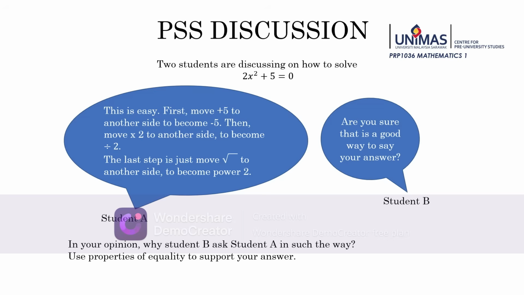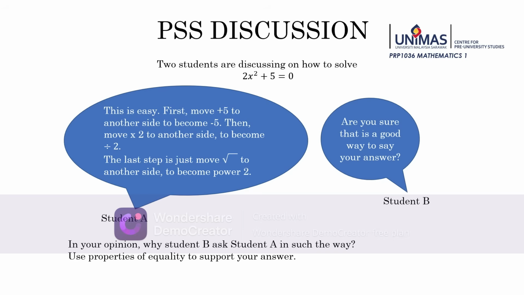Some discussion on the steps of solving. Student A explains to student B. Student A always uses the word move. For example, he moved the positive 5 to the other side to become negative 5.